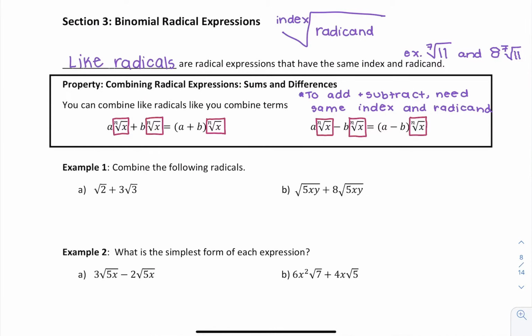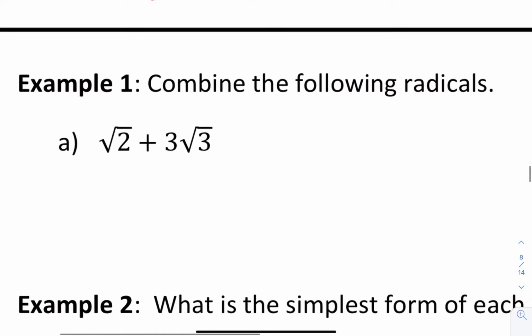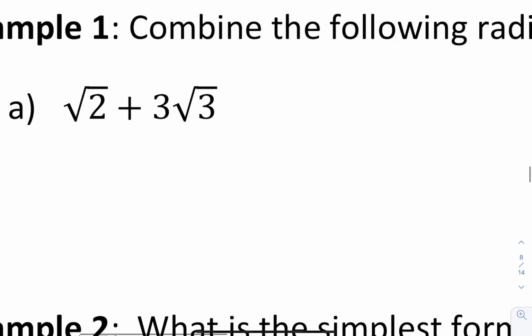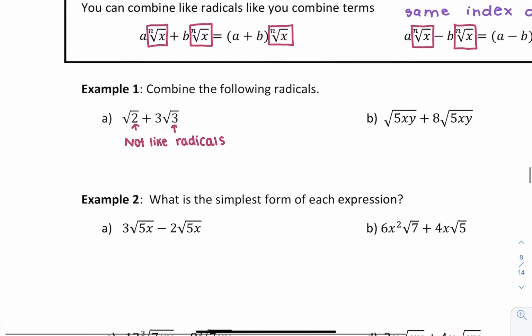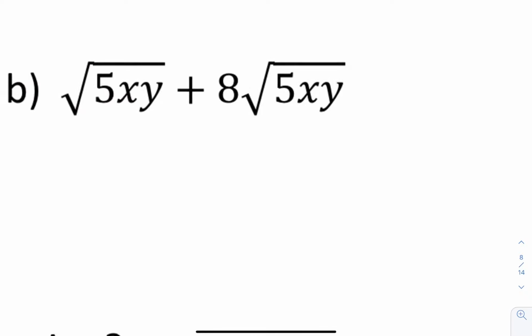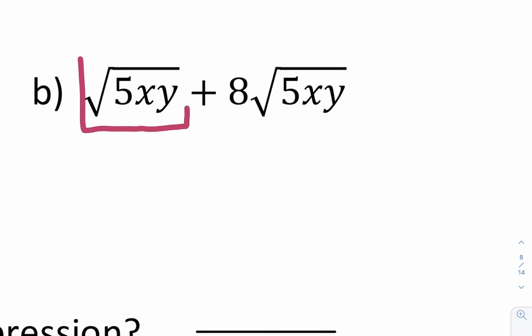In this first example, if I'm asked to add the square root of 2 plus 3 times the square root of 3, notice this 2 and this 3 are different radicands, so these are not like radicals. I cannot combine them. However, in the second example, notice I have the square root of 5xy and 8 times the square root of 5xy.